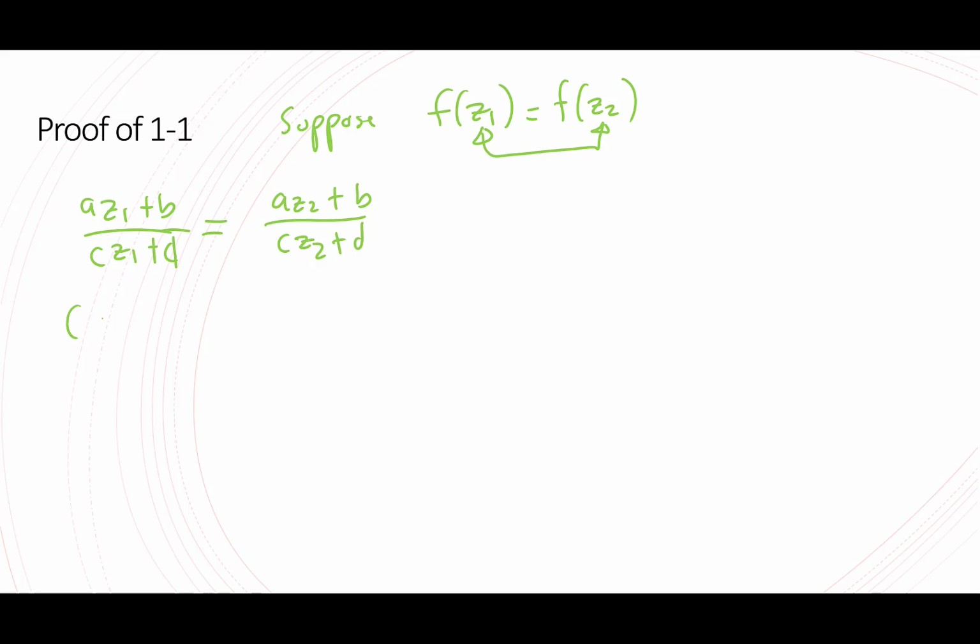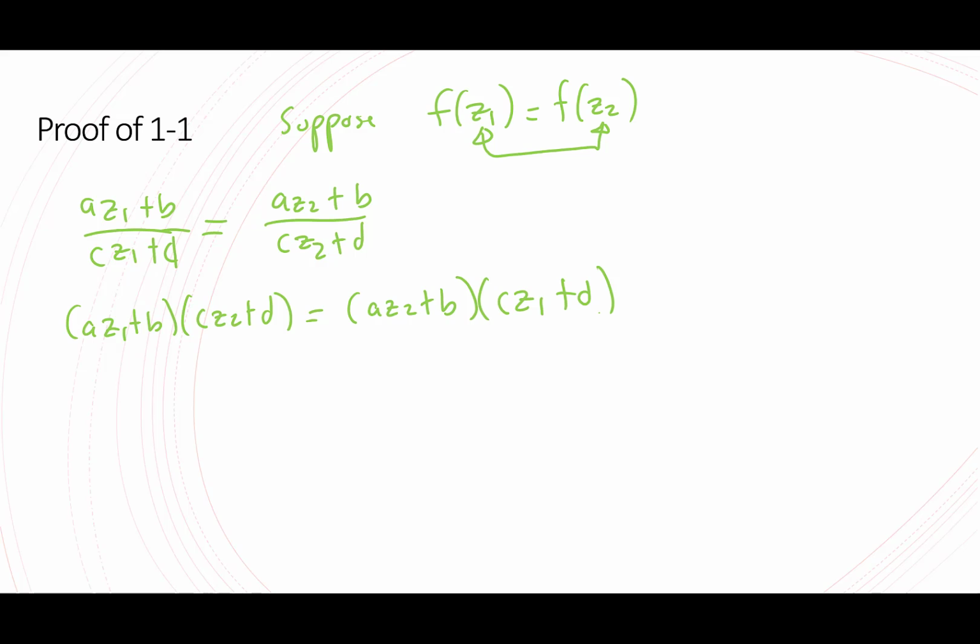So we're going to get (az1 plus b) times (cz2 plus d) is equal to (az2 plus b) times (cz1 plus d). That's after some cross multiplication.